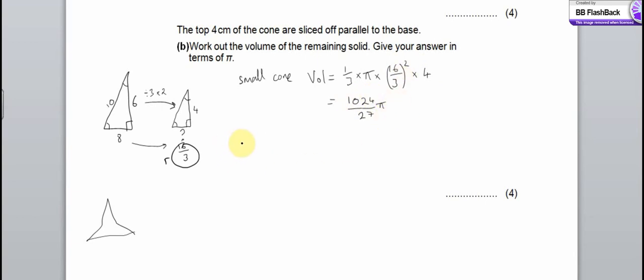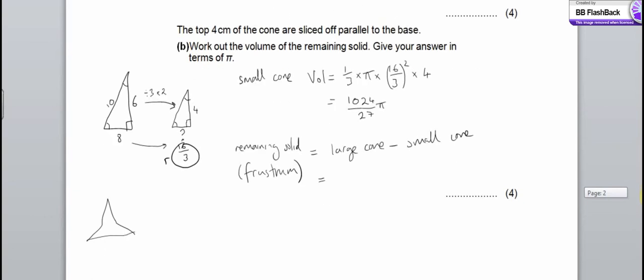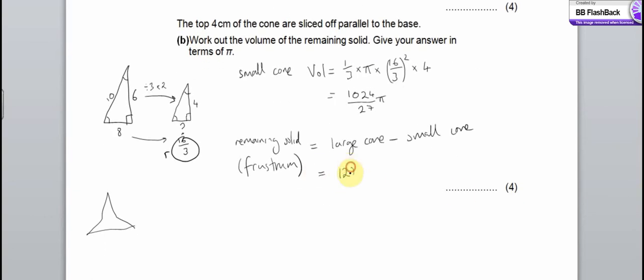So the remaining shape, the remaining solid, which is called a frustum, that is the large cone minus the small cone. Now the large cone we worked out previously, it's 128 pi, and then we subtract the small cone.